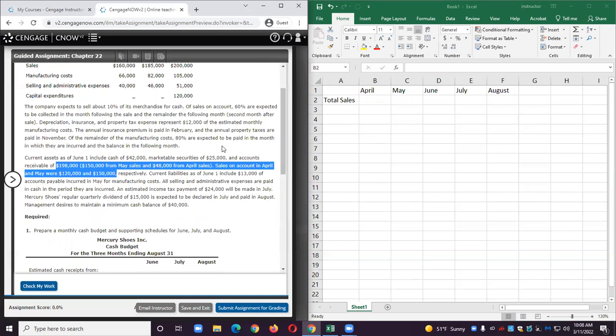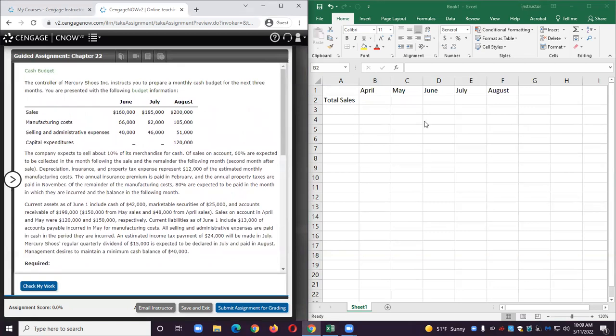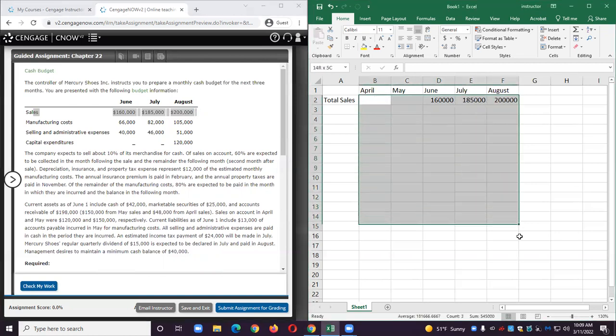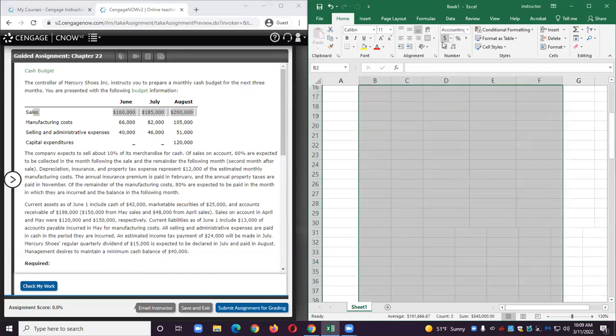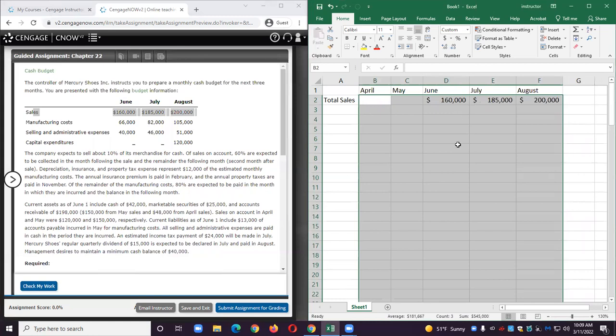I do know my total sales for June, July, and August because they're given to me right here. I'm pulling those straight off of this little chart: 160,000, 185,000, and 200,000. Since I'm working in dollars, I'm going to tell Excel to format that as dollars, and we don't need the cents.